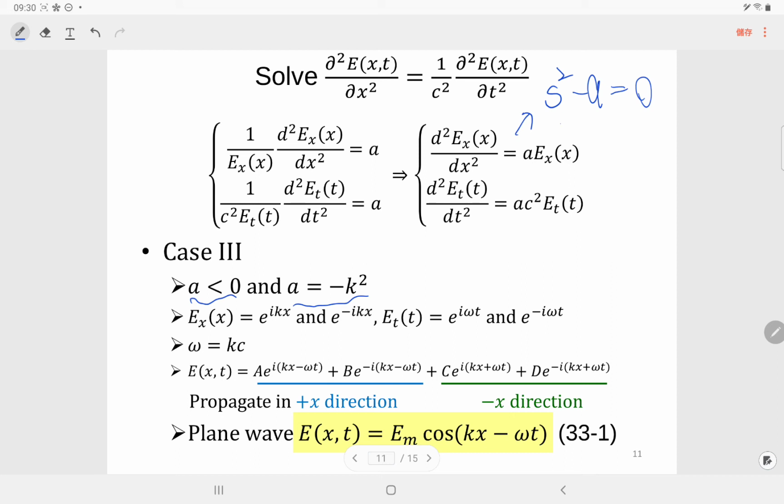So here it becomes s squared plus k squared equals 0. In this case, s should be plus or minus jk. j is the square root of negative 1, or here I use i, because in the textbook it is i rather than j.